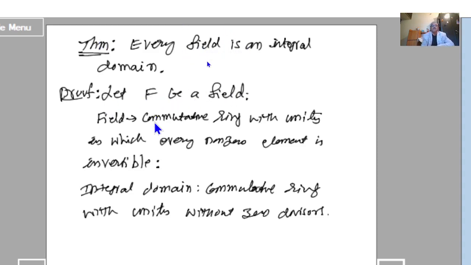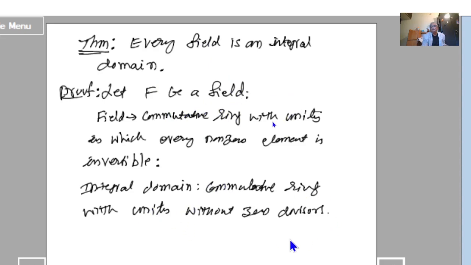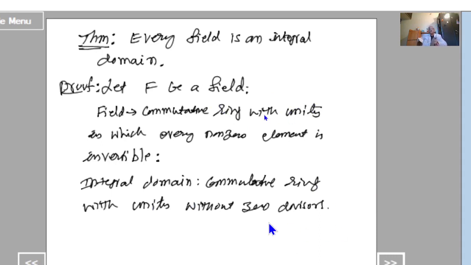F be a field means F is a commutative ring with unity in which every non-zero element is invertible. I have to prove that this F is an integral domain. To prove that it is an integral domain, I have to prove that it is a commutative ring with unity without zero divisors. Okay. So as F is a commutative ring, no need to prove this one. F is with unity, no need to prove this also. Only thing I have to prove is that F is without zero divisors. That is, it is sufficient to prove that F is without zero divisors.